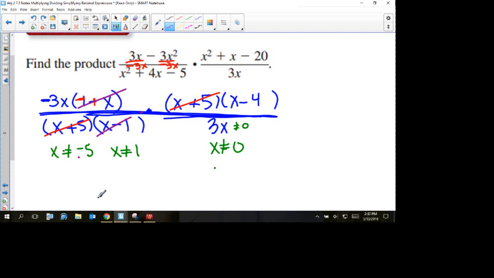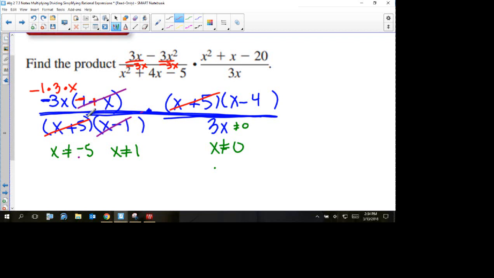So at that point, these can cancel. There is one more thing I can cancel. Oh, so how do I make negative 3? How do I factor negative 3?